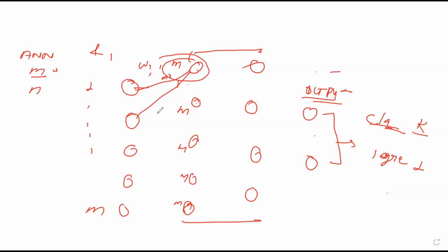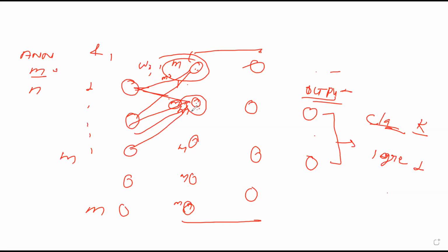How many parameters are there for this neuron? M, plus for the bias you also have to add 1, so M plus 1. For the next neuron, all the inputs are passed again, so again M weights should be learned, M plus 1.